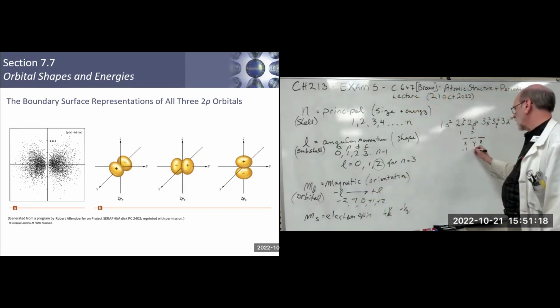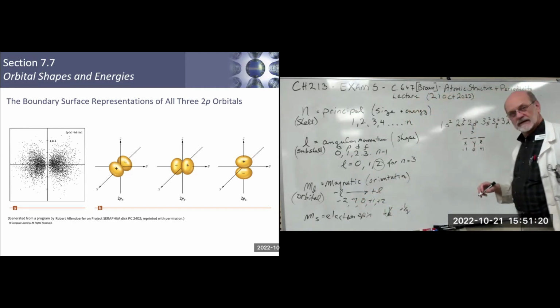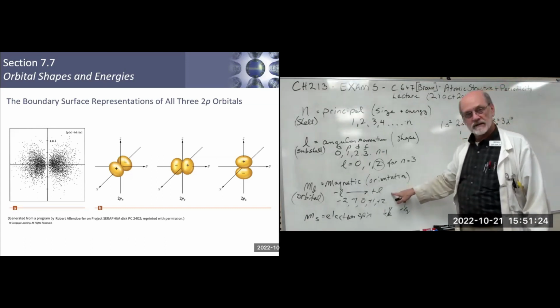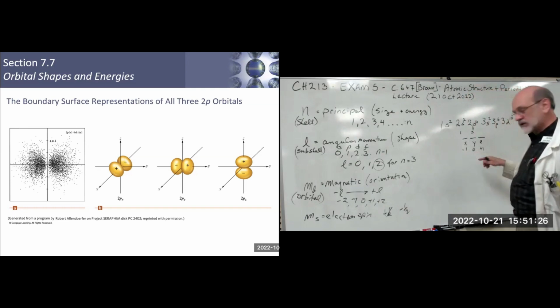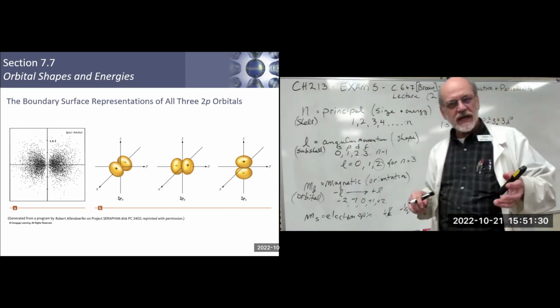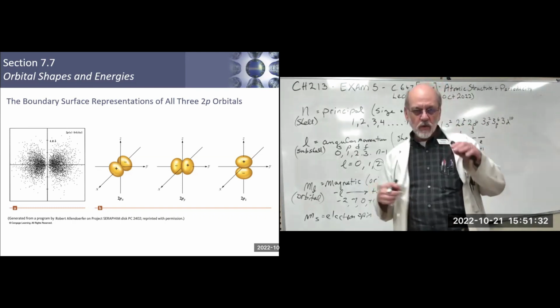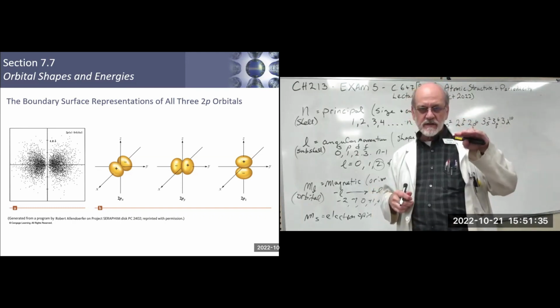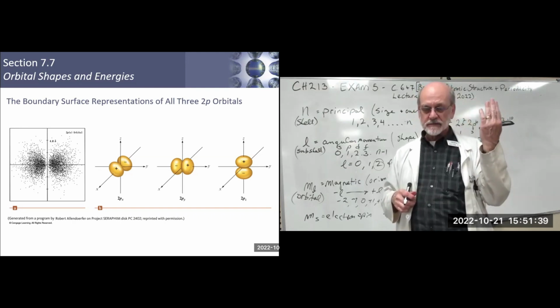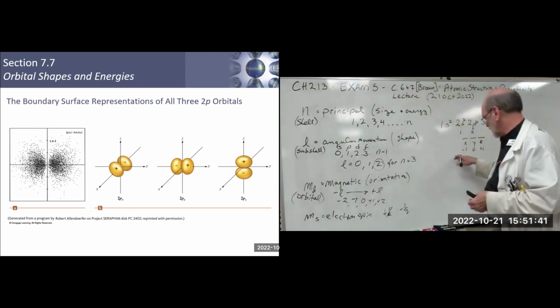And the magnetic quantum number here tells you orientation. So this is the easiest one to understand. One of them is going to be oriented on the x-axis, one's going to be on the y-axis, and the other's on the z-axis. That tells you orientation.